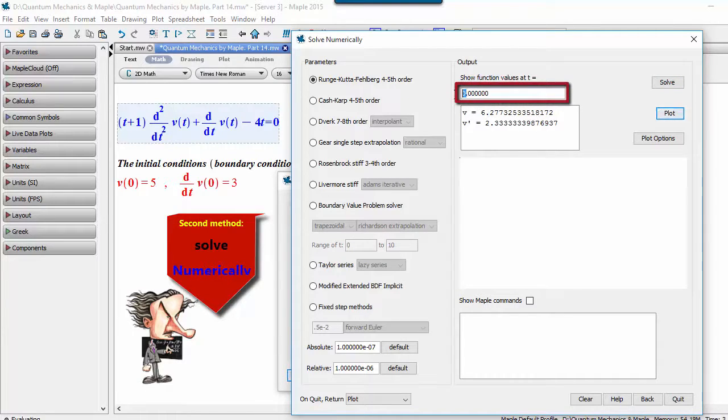If t equals 1, then the function value v and its derivative v prime are. If t equals 3, then the function value v and its derivative v prime are.